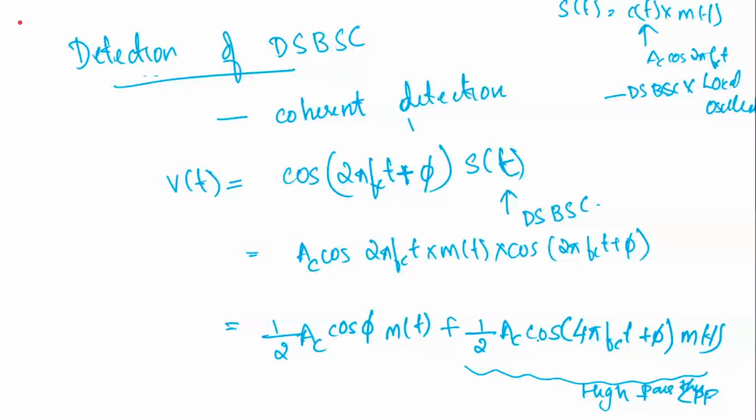Just by passing through a multiplier, multiplying the local oscillator with the modulated signal, I am getting this part, and passing it through a low pass filter, this is the output.